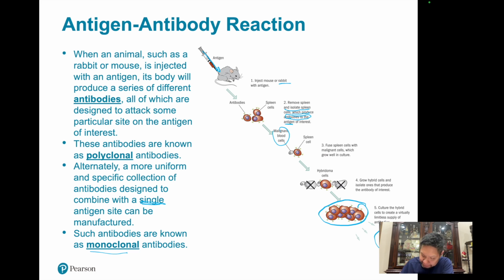This part right here is kind of beyond the scope of the class, but just know that we can go from a few spleen cells to a whole bunch of spleen cells. And from that we can get a whole bunch of monoclonal antibodies to detect, for example, that drug molecule.